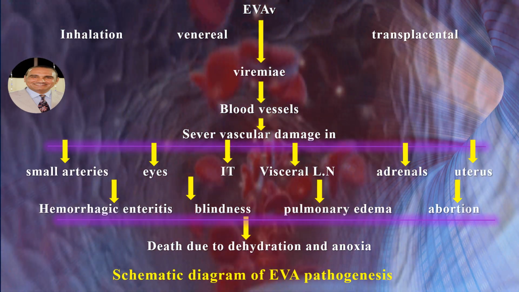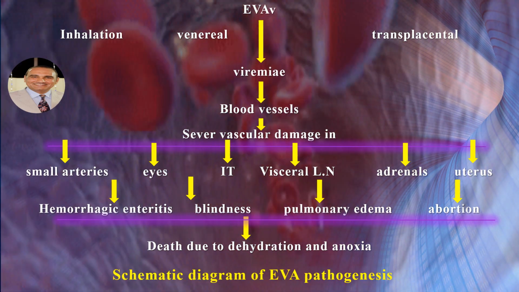This is a schematic diagram of equine viral arteritis pathogenesis.